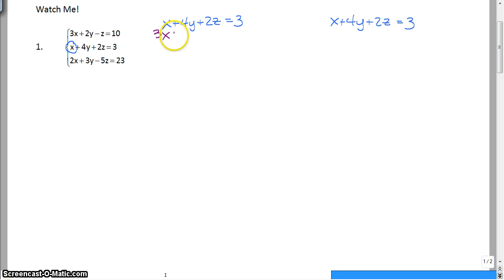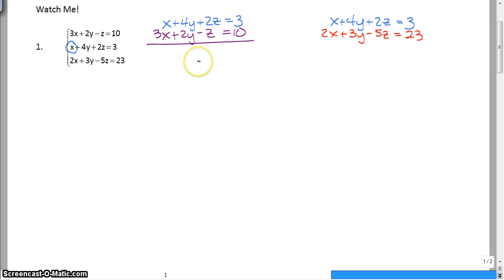So we have 3x plus 2y minus z is equal to 10. And then we're going to take the bottom one, the other one we didn't say is the easiest, and write it with the other one. So we're going to have 2x plus 3y minus 5z is equal to 23. So basically what we just did is take one big stack and split it into 2 littler stacks.